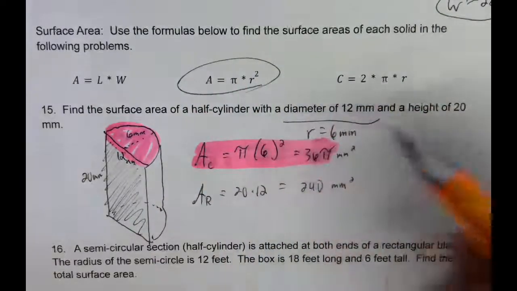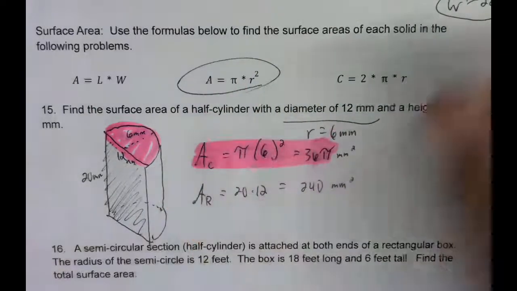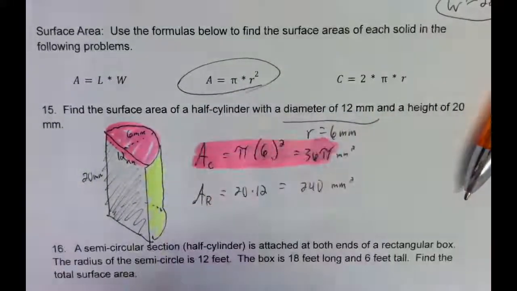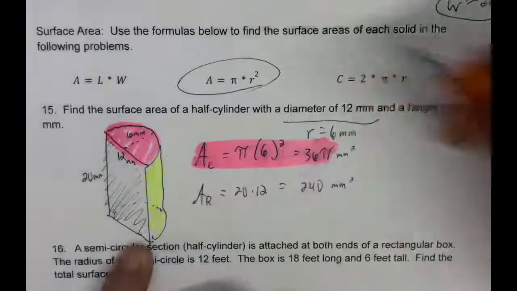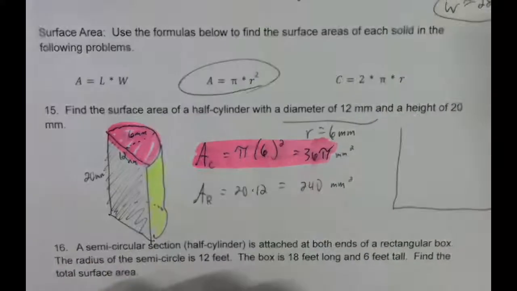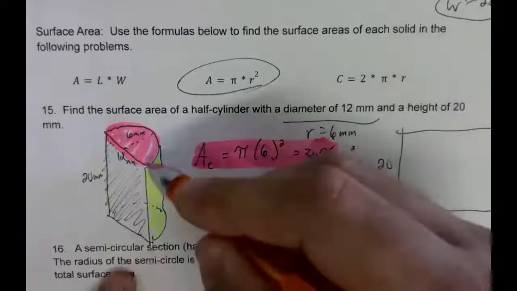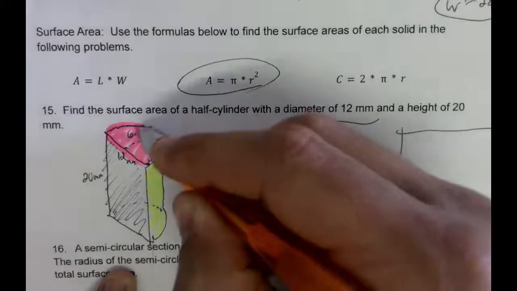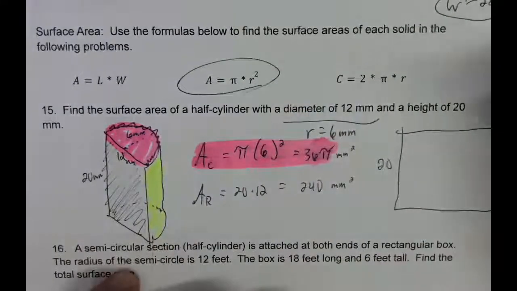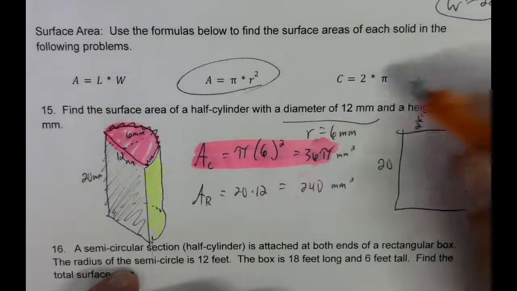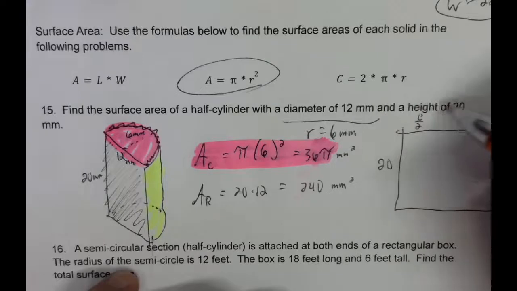Okay, and lastly, we have this sheet that kind of goes around. It goes all the way around. So what we want to make sure we understand is that this yellow part, if extended, is going to have a height of 20 millimeters, but it's going to have a length that is equal to half the circumference. So half the circumference, we can say that's C over 2. If this is a circumference formula, we could just divide the 2 out.